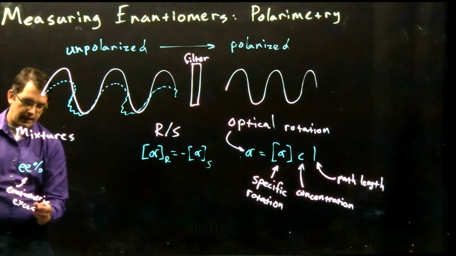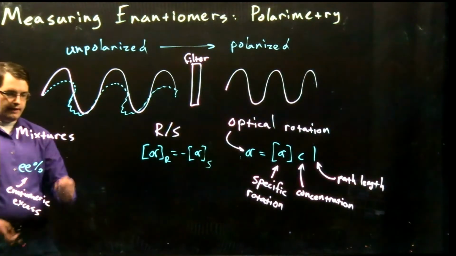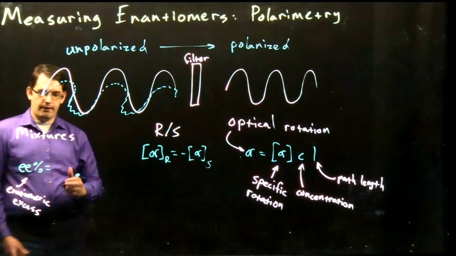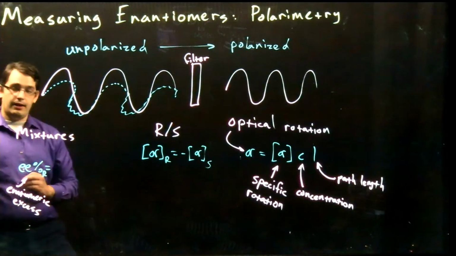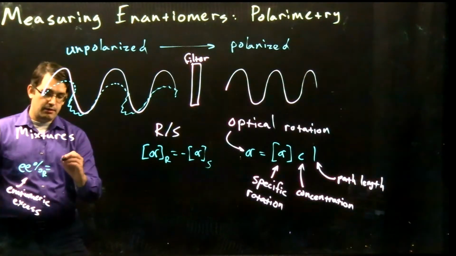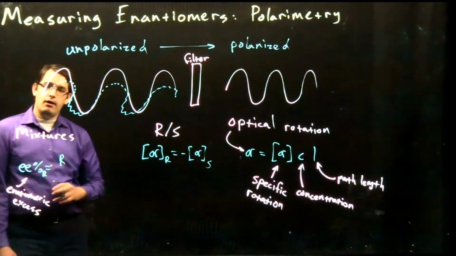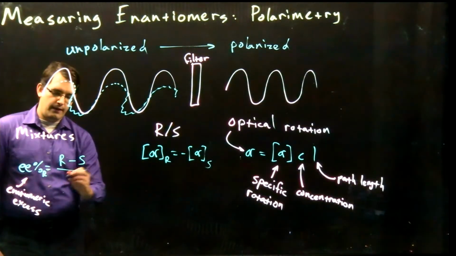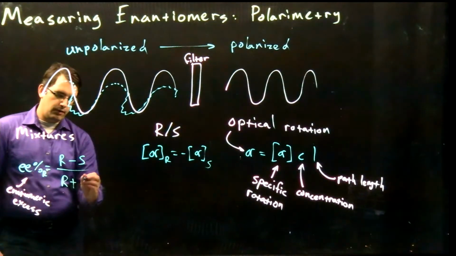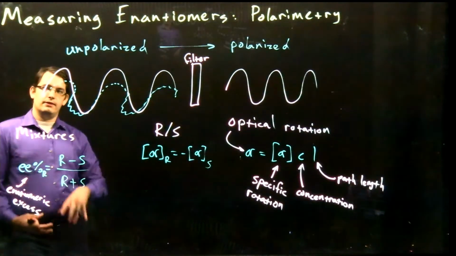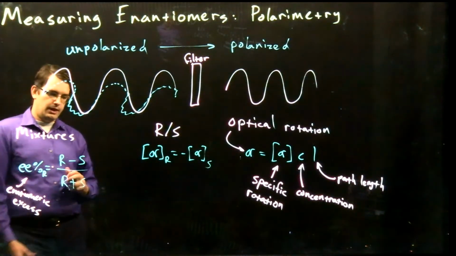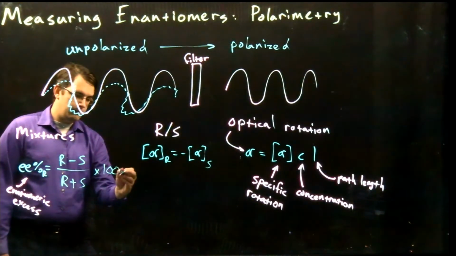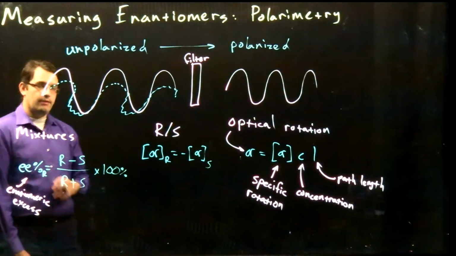The enantiomeric excess is just defined as the percentage more of one enantiomer compared to the other. If we're specifically looking at the enantiomeric excess of the R enantiomer, we would take the amount of our R enantiomer, subtract the amount of our S enantiomer, and divide that by the total amount of our enantiomers. So we're just looking at the percentage difference between our enantiomers. Then you multiply this by 100% to get the percentage.